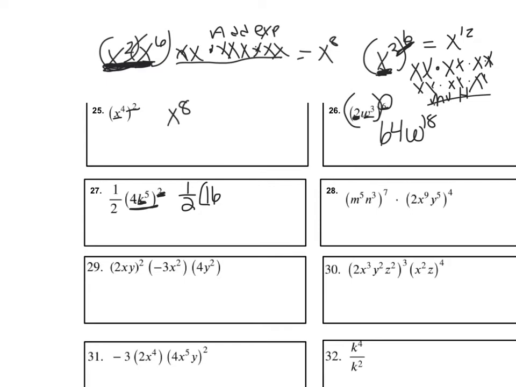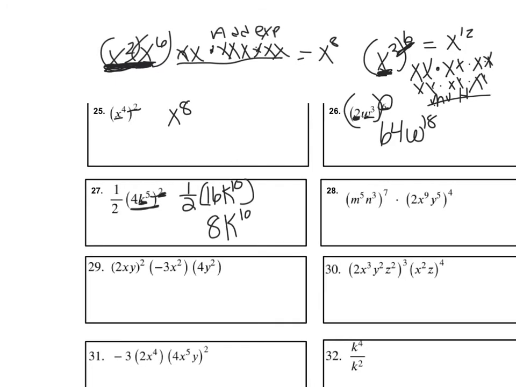So I got one base, two exponents. So that means I multiply it. Now I'm going to take half of that. It's just half of your constant. It's not half of your exponent, okay? So it would be 8k to the 10th.